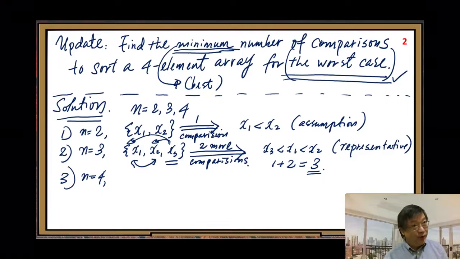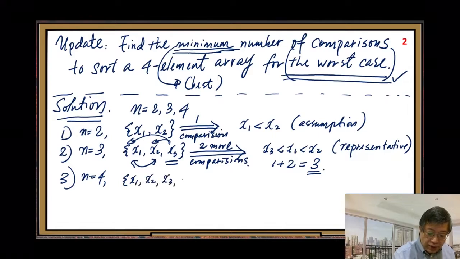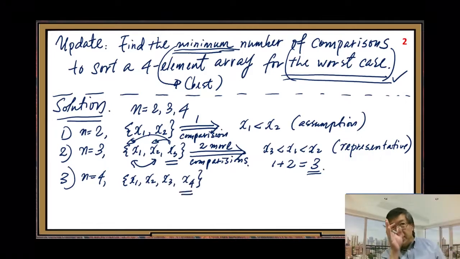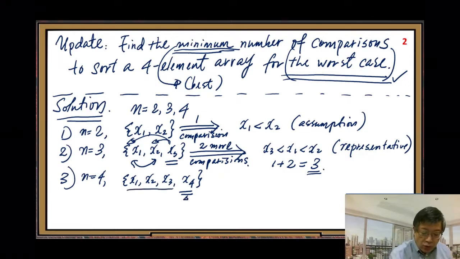So now, our array x1, x2, x3, x4, can we use the insertion sort idea to insert the new element x4 into the already sorted array x1, x2, x3? That's the reason I put this example here, because it is closely related to the insertion sort.